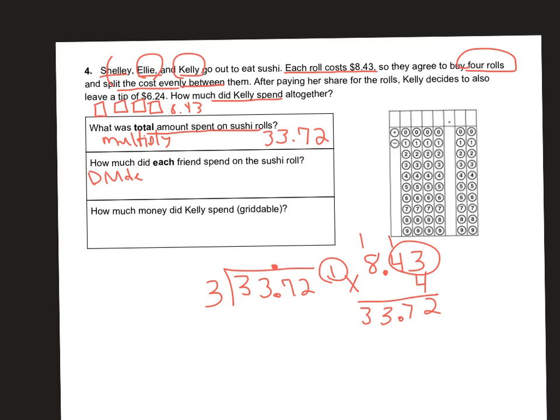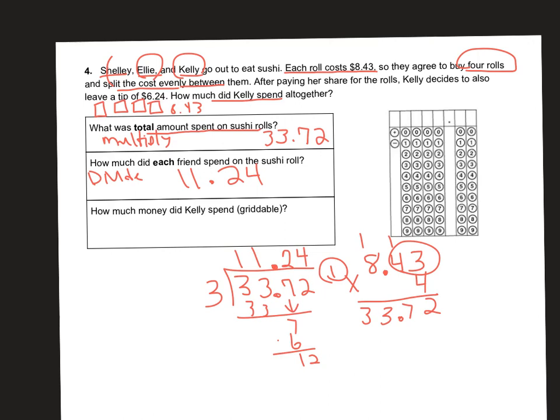I don't have to make my divisor a whole number since it already is, and I'm going to divide by 3. And I know that 11 times 3 is 33. Bring down my 7. 3 times 2 is 6, right? And then 3 times 4 is 12. So each of the friends spent $11.24, right?